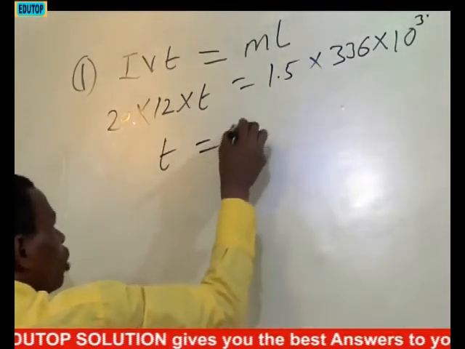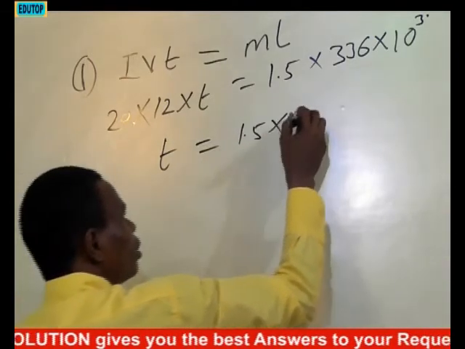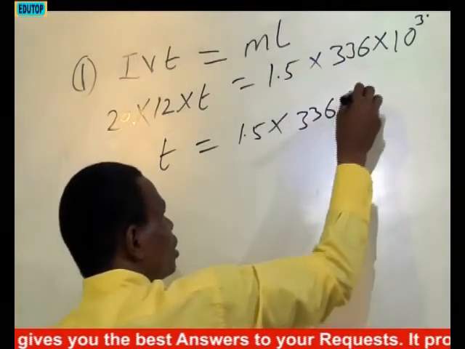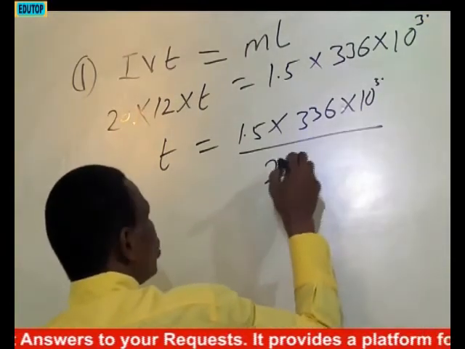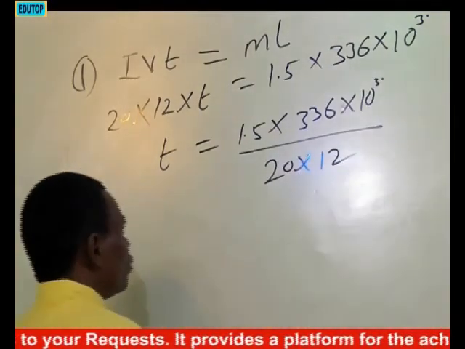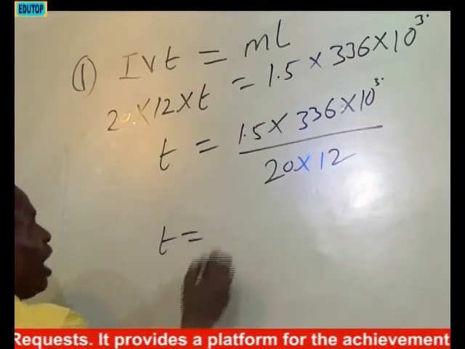Our T will be equal to 1.5 times 336 times 10 raised to power 3 divided by 20 times 12.